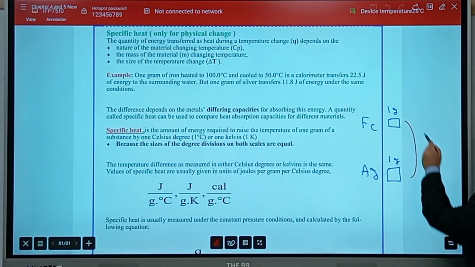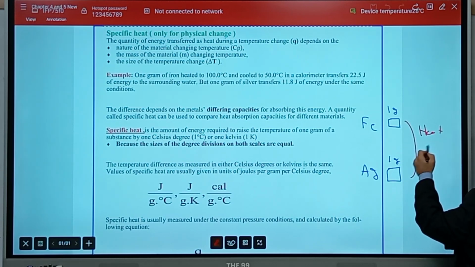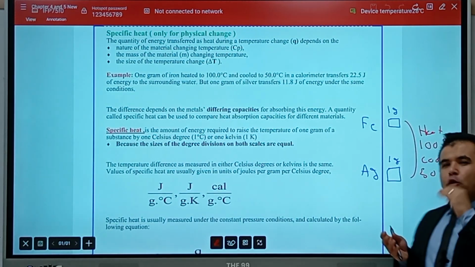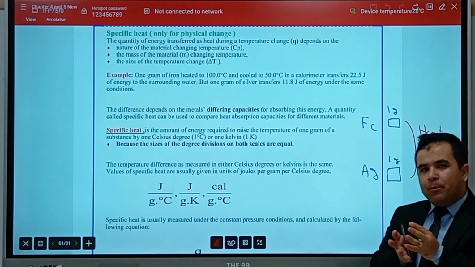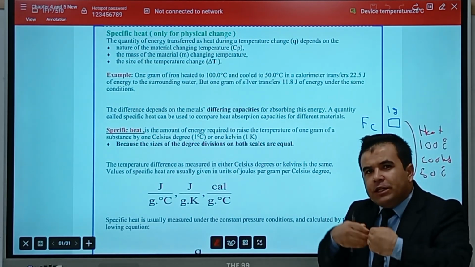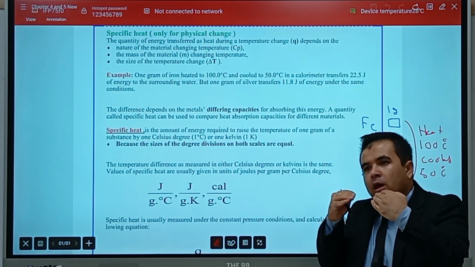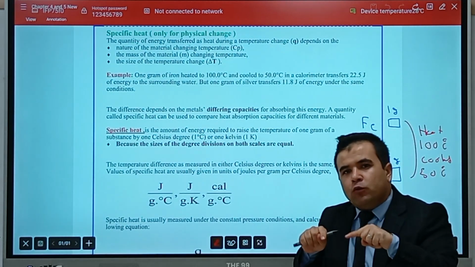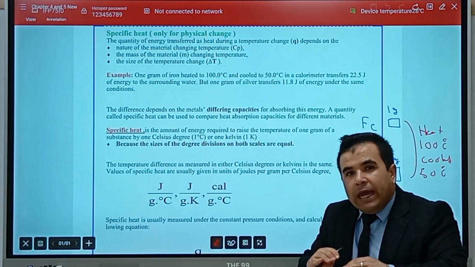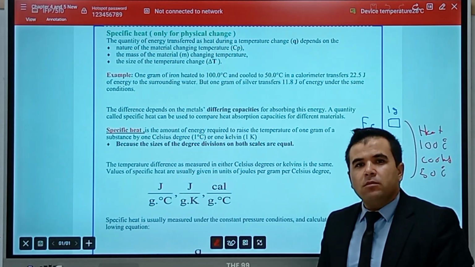We heated both samples to 100 Celsius, then added both into water and cooled them down to 50 Celsius.